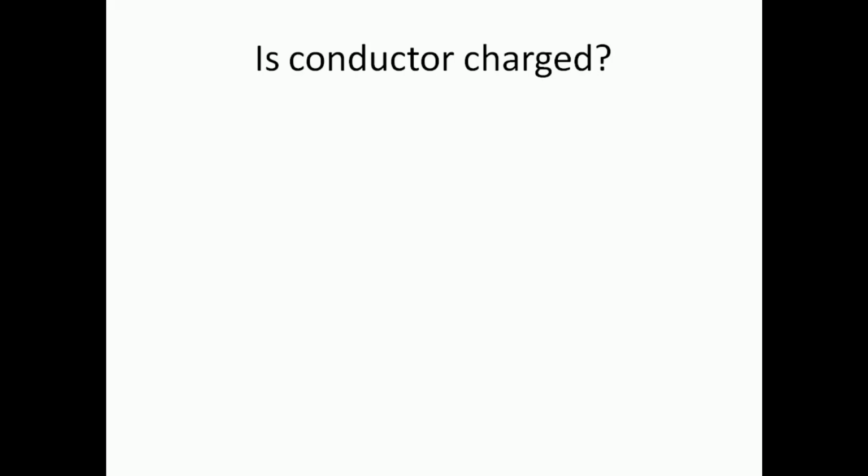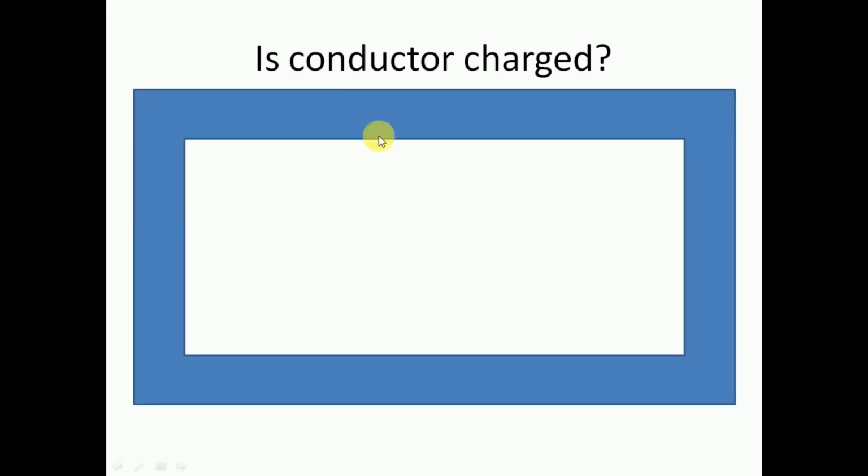So now, is a conductor charged? As we all know, in the conductor there are lots of charges moving inside. So is it charged or is it neutral? Let's see. This is a conductor I'm taking, and right now it is not charged, it has an equal number of electrons and protons. Some electrons may come out of the atom, but it is not making it negative because it is coming out of a neutral atom, making the atom positive, and this free electron can move.